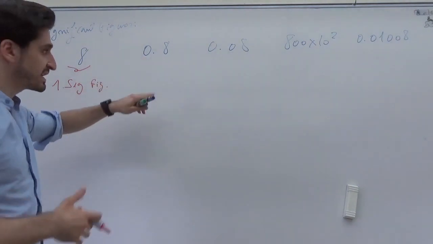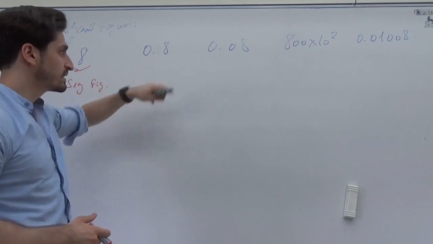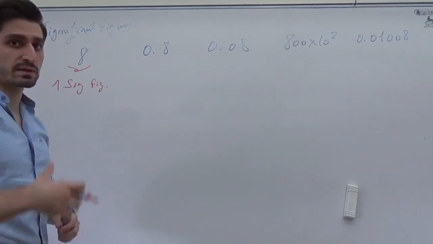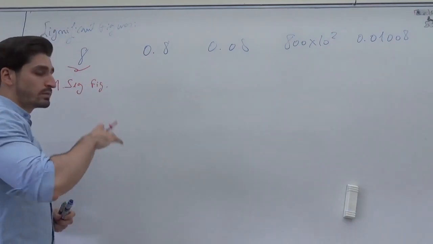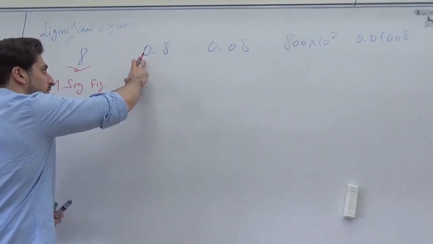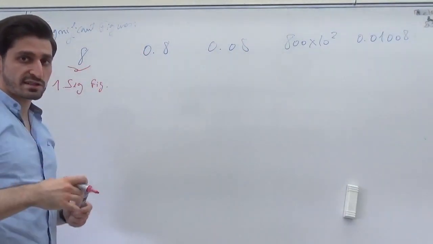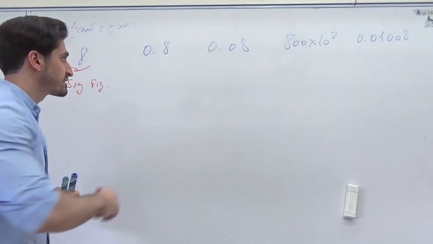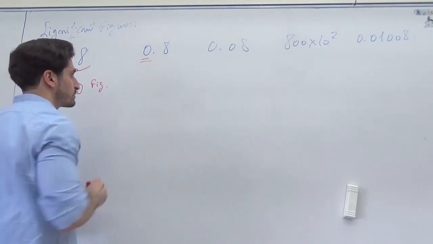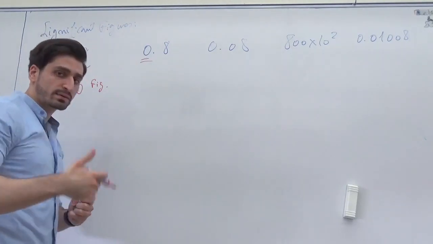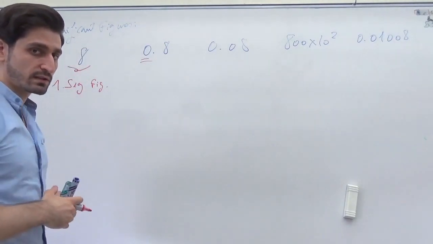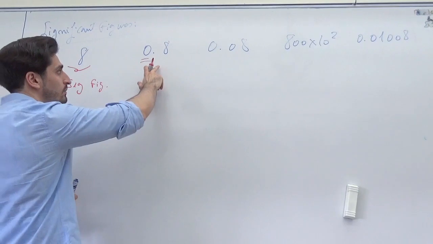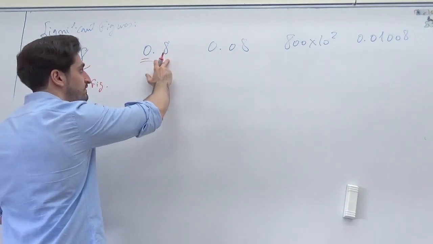You might immediately say that we have 2 digits, so therefore we have 2 significant figures. But no. Whenever you have a number which begins with zeros, the zeros are not counted as part of the significant figures. So as long as the leading digit is 0, we are not going to count it as part of the significant figures, but rather we are going to count from the digit which is different than 0.